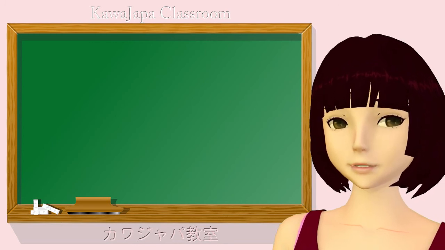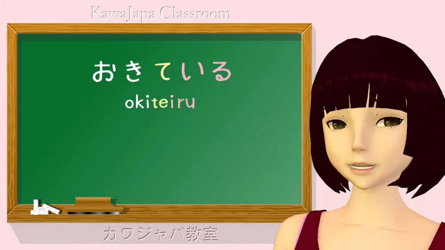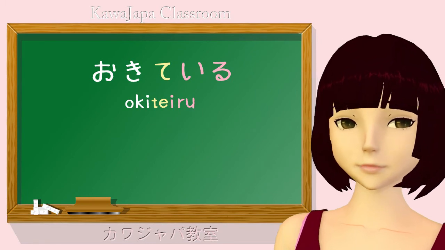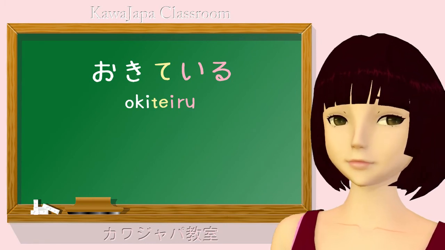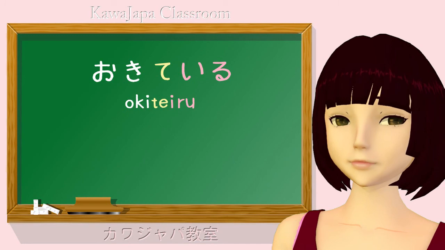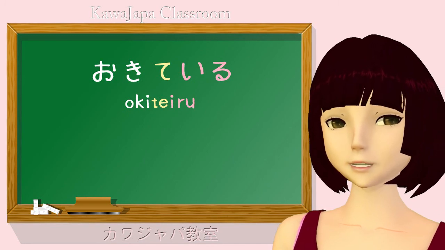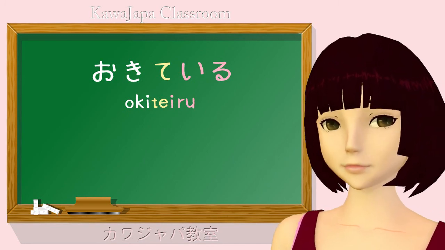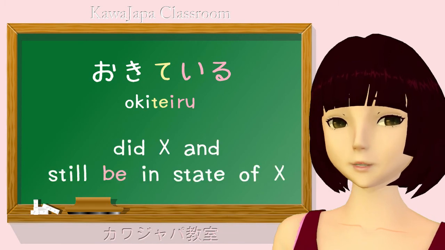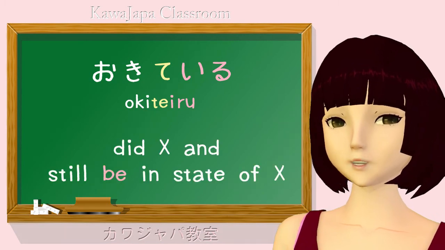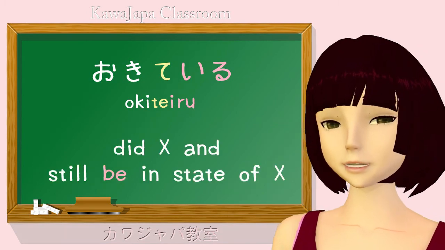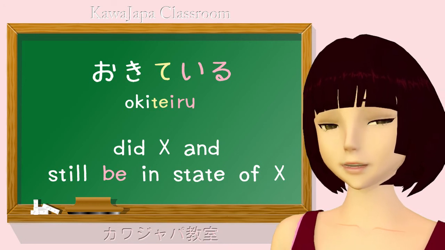And the answer might be, iya, okite-iru. No, she is up. She is awake. Okite-iru could mean to be in the act of getting up if that was taking you a long time, but most often what it means is that you have got up and you continue to be up, so you are still in the state of being up.